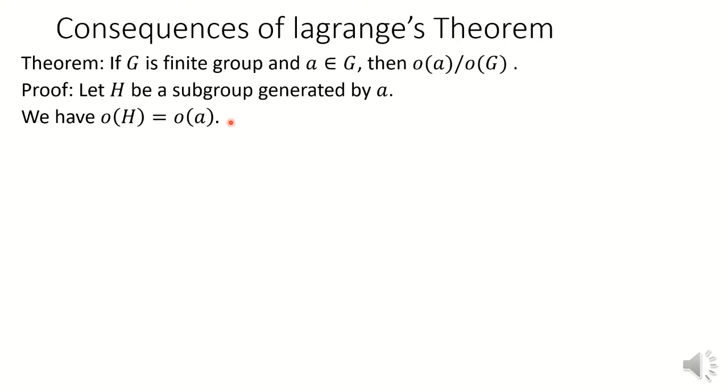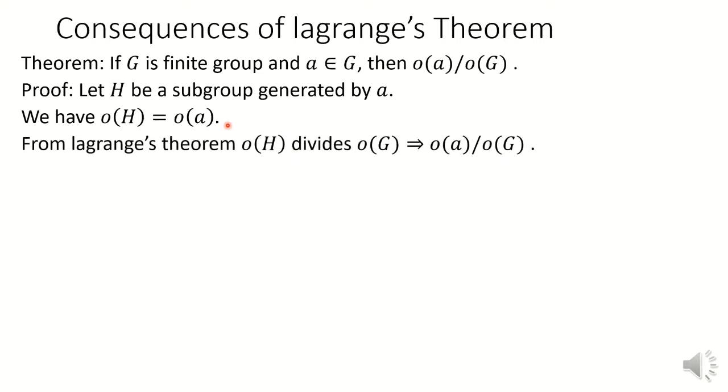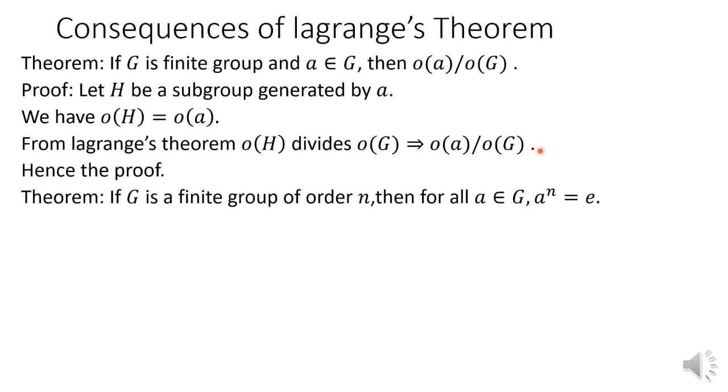That you should know. So from Lagrange's theorem, we have order of H divides order of G. In place of order of H, we can write order of a, which proves the given theorem. That is, order of a divides order of G. This is the first consequence of Lagrange's theorem. Hence the proof.